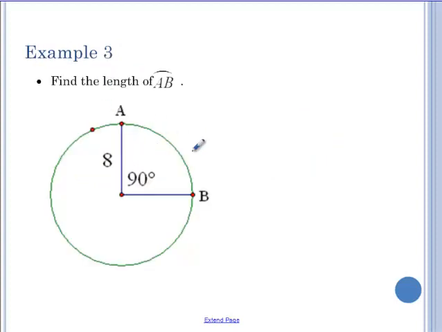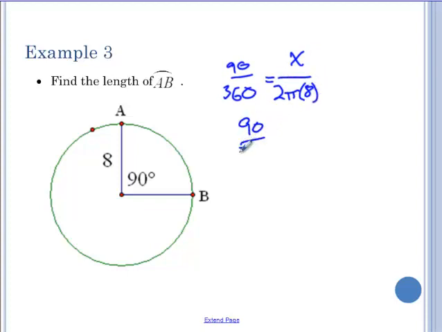So let's find the length of AB. Degrees over 360 equals arc length over 2 pi r. So 90 over 360 equals x over 16 pi.